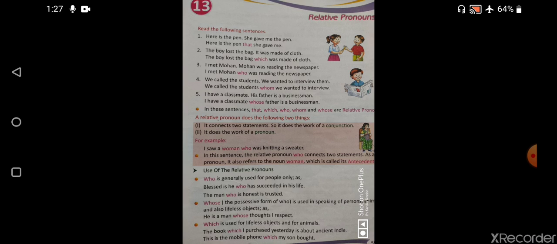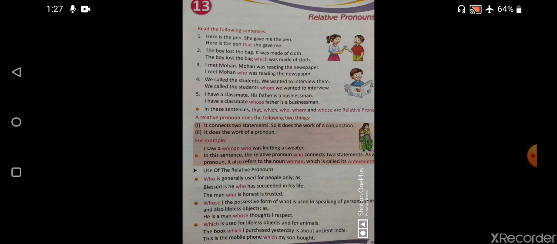If we connect these two sentences, you have to use a conjunction that will be and, right? Like Ram is in class 3rd and he is an intelligent boy.